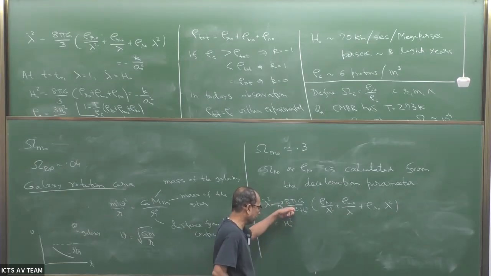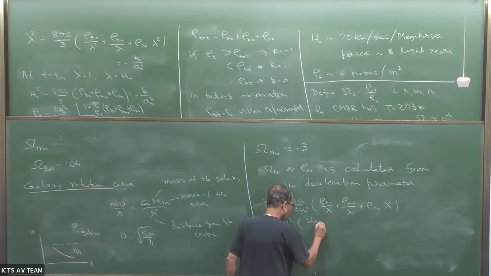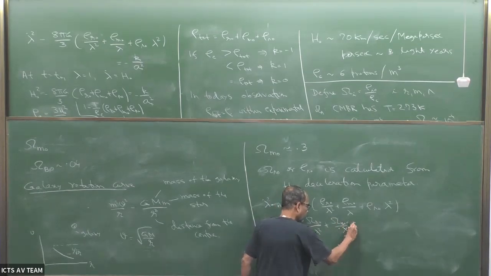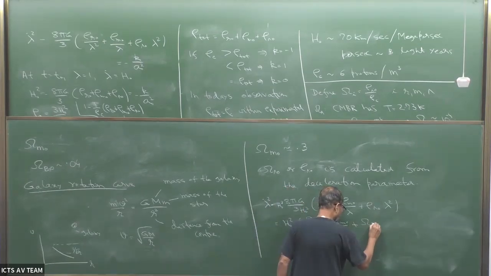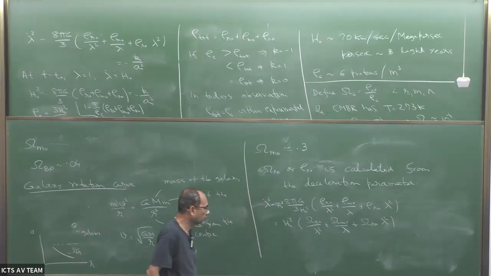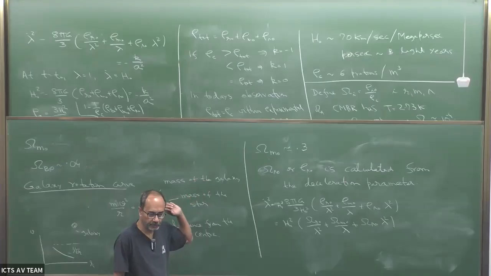See, this is 1 over OC, right? So times omega r naught by lambda square plus omega m naught by lambda plus omega lambda naught lambda square. Okay. It's just a rewriting of the same equation.